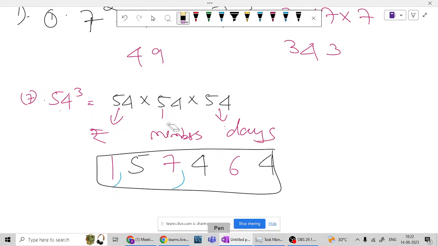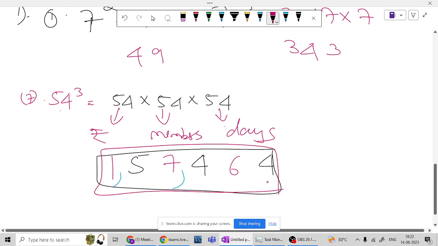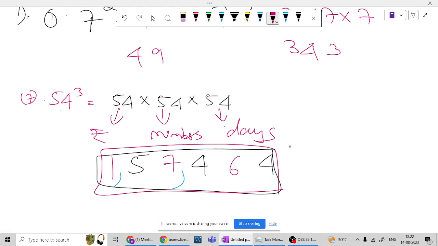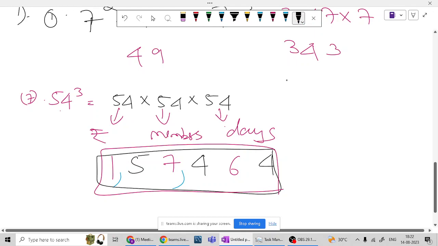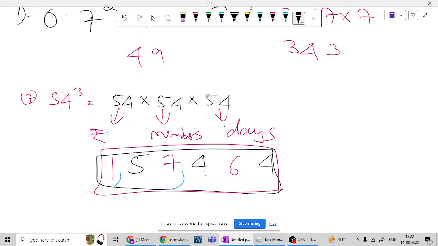Like if 54 members give you 54 rupees for 54 days, what will be the total amount you get after 54 days? 1,57,000. Now this is the answer, Adya.